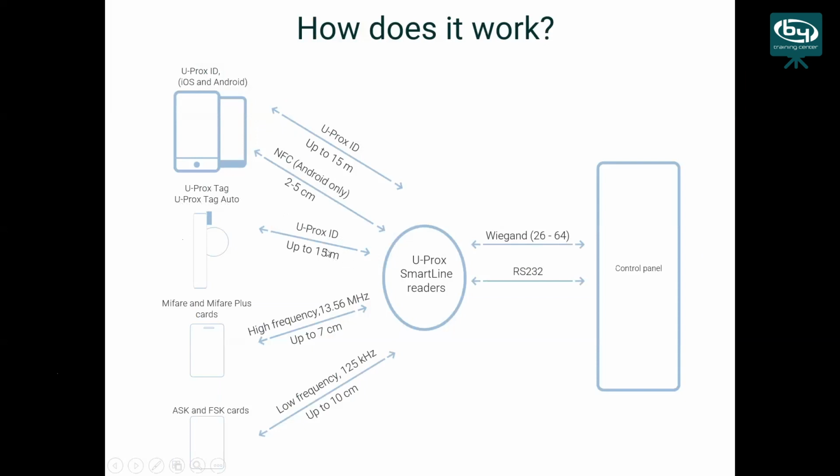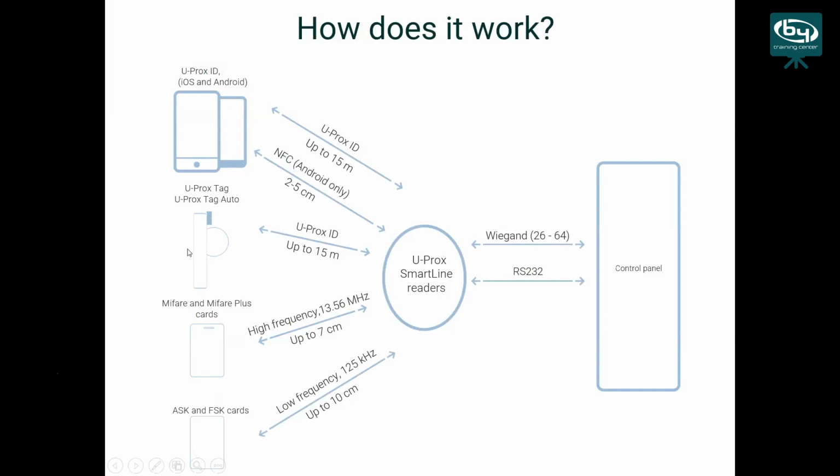This is very interesting because if we have a car and we want to perform the opening only by approaching in distance, we can use this type of devices, and we can program the meters, 1 meter, 2 meters, or 3 meters, or up to 15 meters. We can say if the vehicle approaches the reader, then automatically perform the opening of the door or make any type of action.